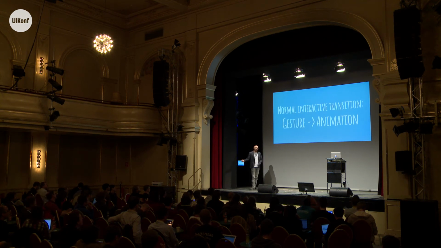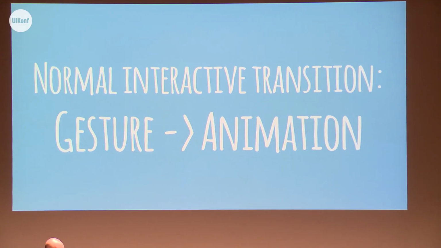And, if you think about it, interactive transitions usually go a little bit like this, right? You start with a gesture. Think of the default pop gesture on navigation controllers, right? You start with a gesture, and then when that gesture is done, you finish with an animation.